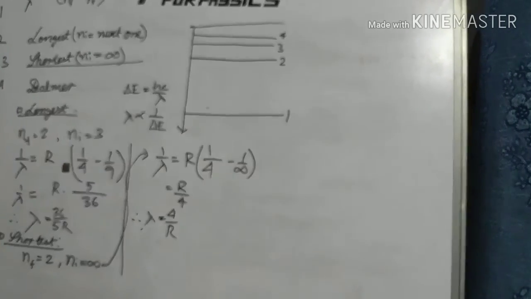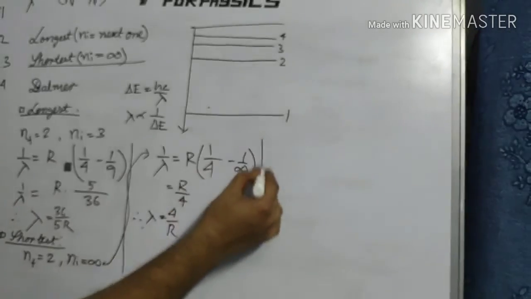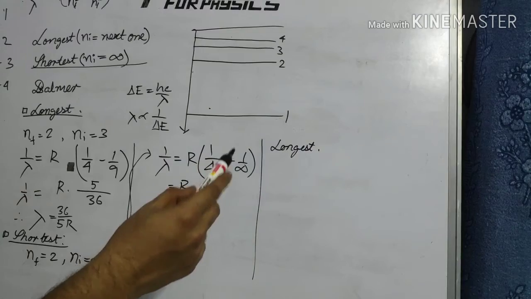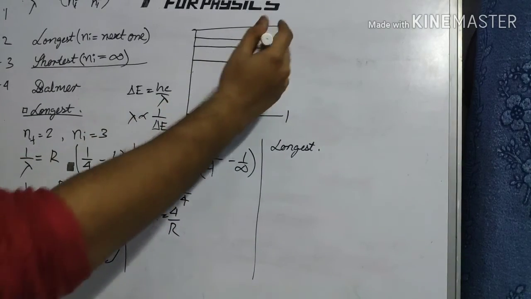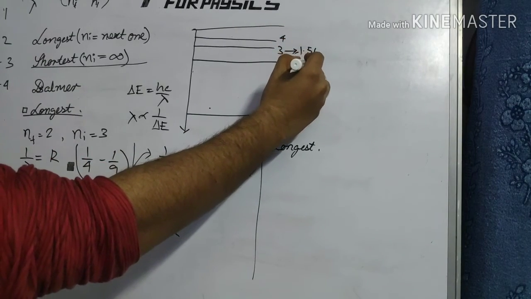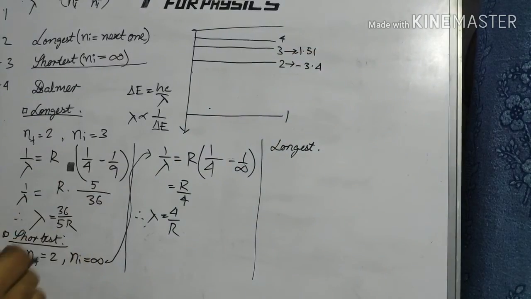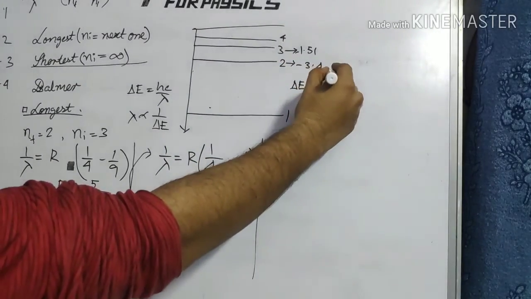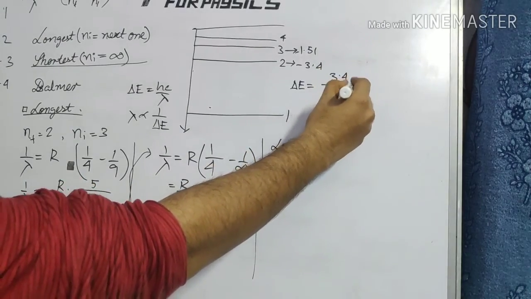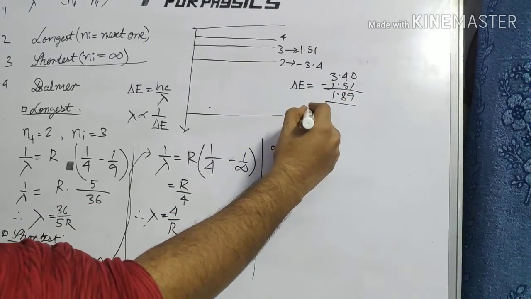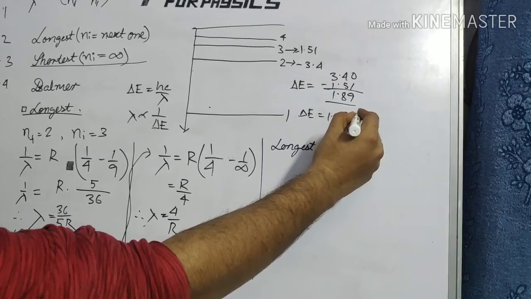Now in this shortcut process, say at first we calculate the longest wavelength. The electron jumps from the third orbit to the second orbit. The third orbit has energy negative 1.51 and the second orbit has energy negative 3.4. So exactly like we did in the previous problem, we need to find the energy gap, that is 1.89 electron volt.